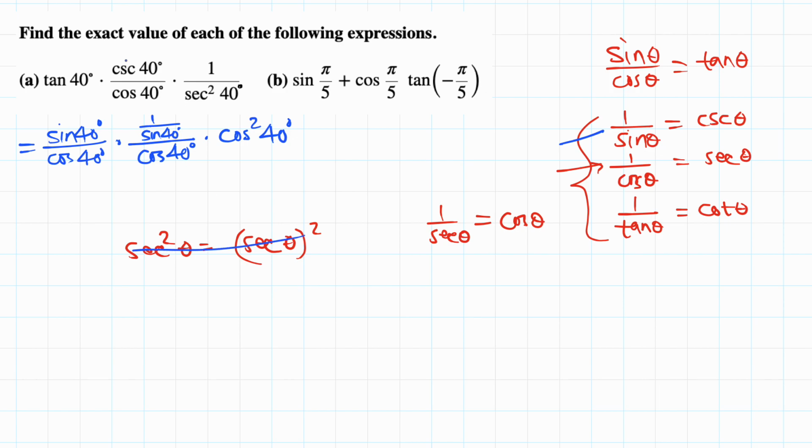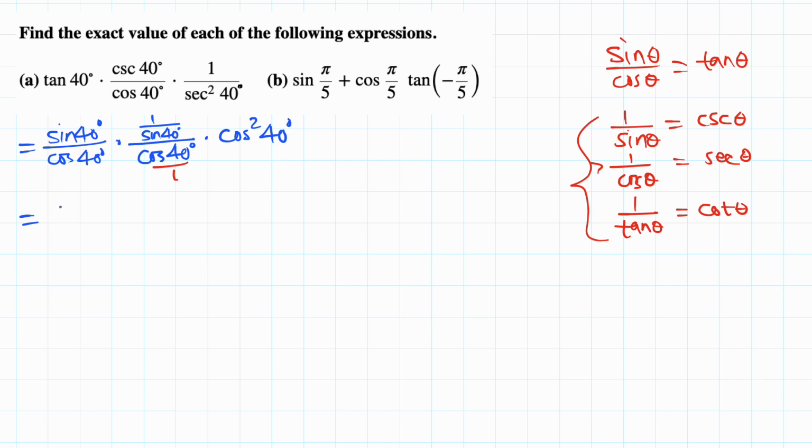Now let's look at this. 1 over sine over cosine. This sine is on the bottom, by the way. If we keep this fraction, we can flip. You can also cancel a lot of things here.